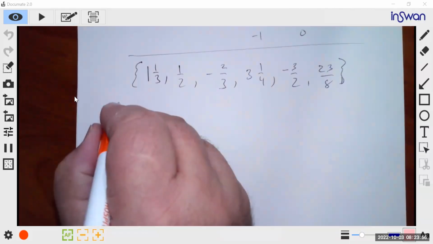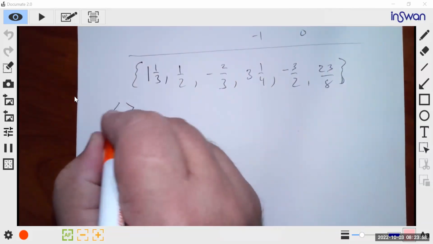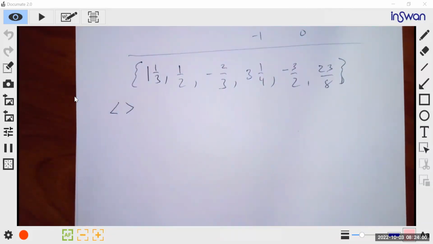Because here we're talking about numbers that are larger than, less than, and inequalities. So how would you do it? I see you guys writing. What's your procedure? How will you do this?